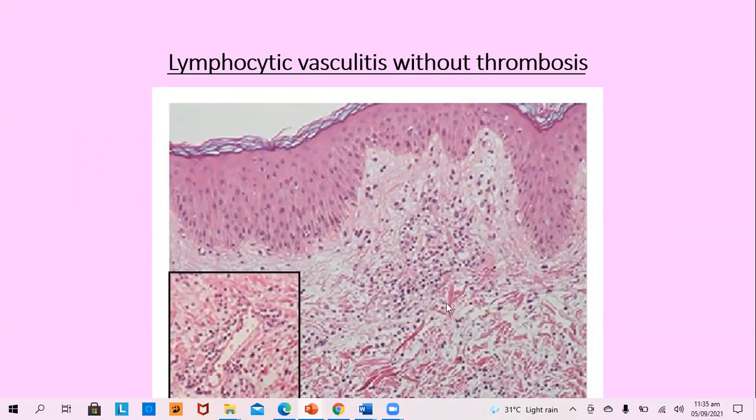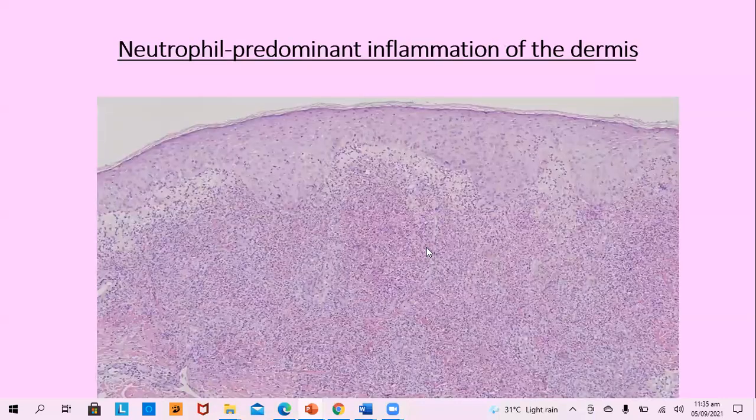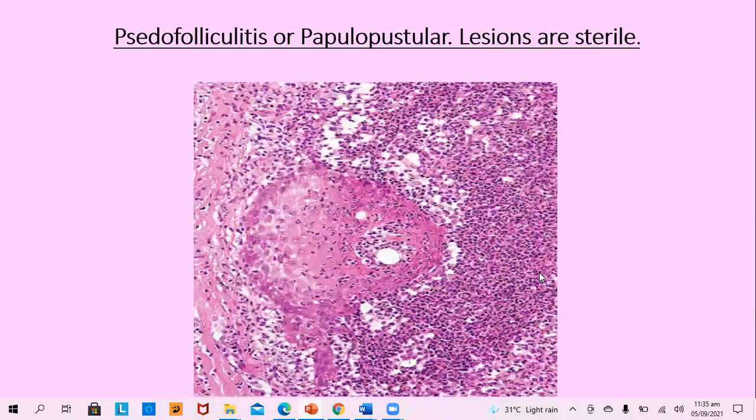Here you can see there is a lymphocytic vasculitis. Mainly the lymphocytes are seen surrounding the blood vessels with some fibrinoid damage, but no thrombosis. Neutrophils are the predominant cells seen in the dermis. Here you can see a neutrophilic infiltrate surrounding a hair follicle, even infiltrating the hair follicle.